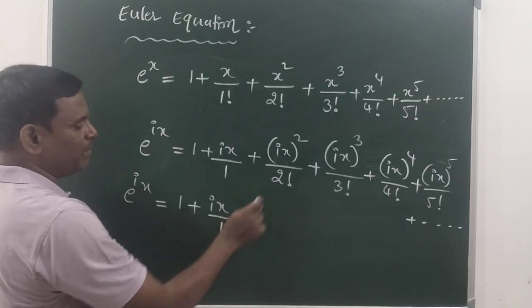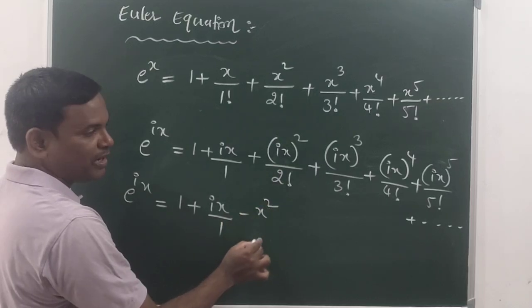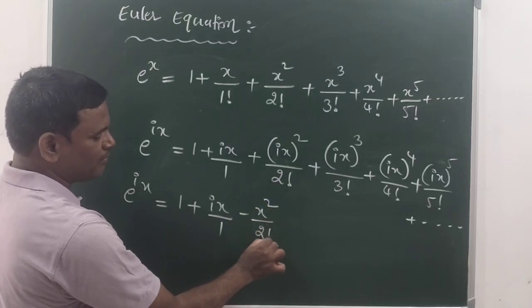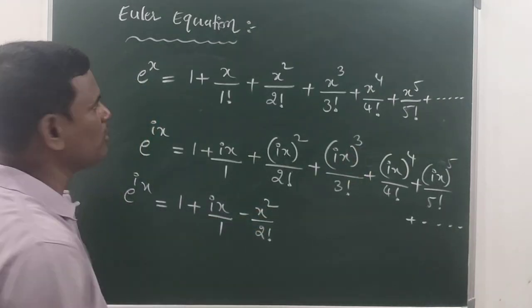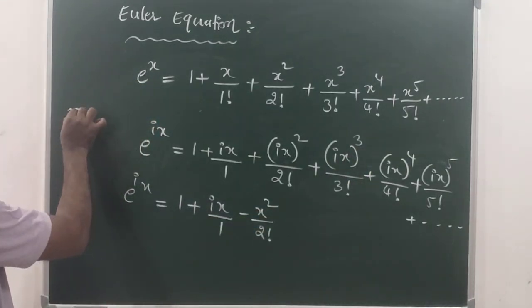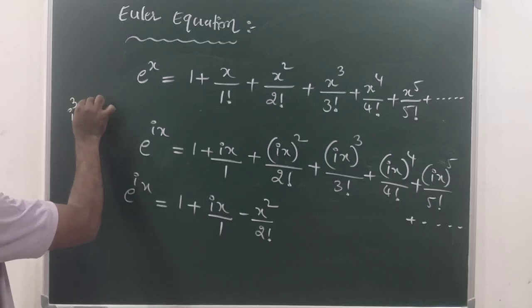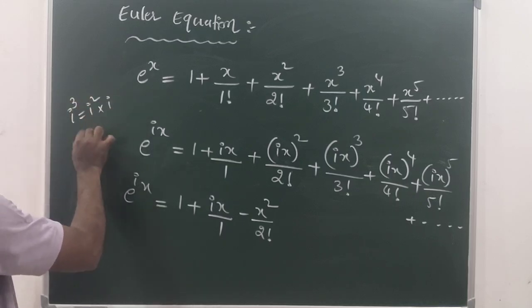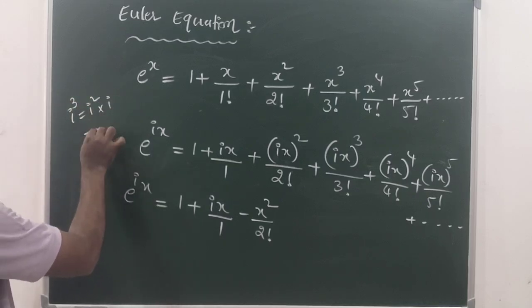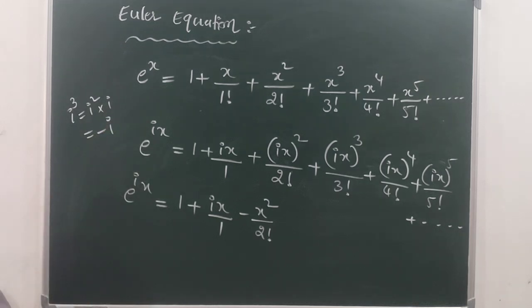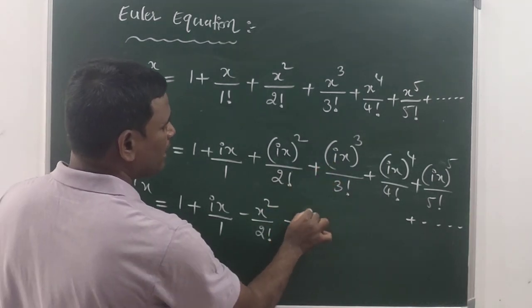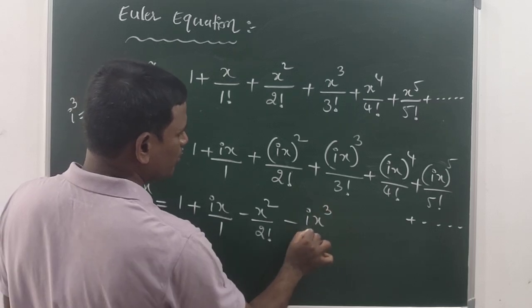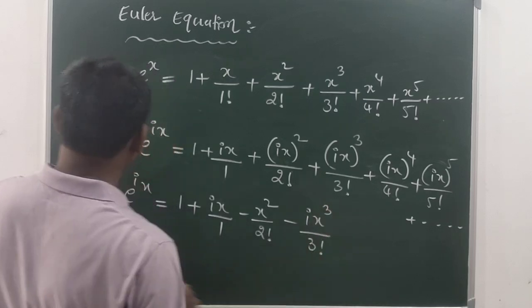So if you write here minus 1, then it becomes minus x square by 2 factorial. Now here i cube is equal to i square into i. i square value minus 1. Minus 1 into i, minus i. So if you write here minus i, then it will become minus i x cube by 3 factorial.